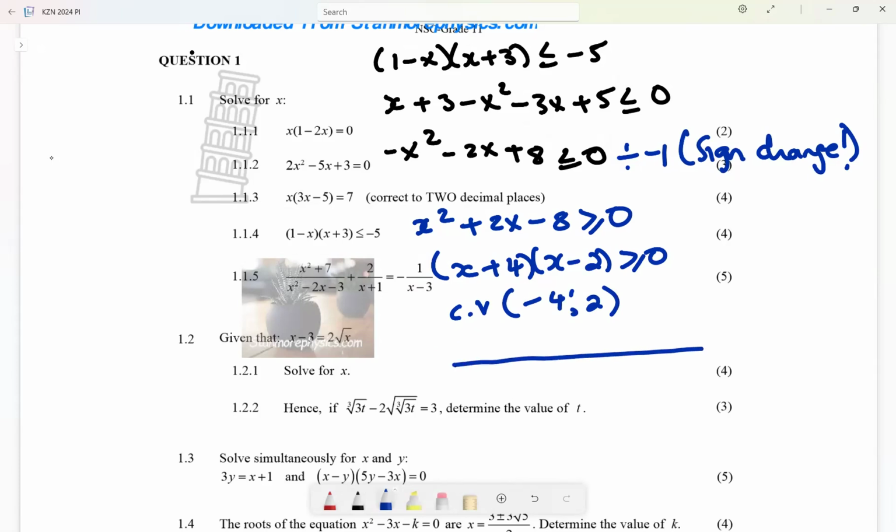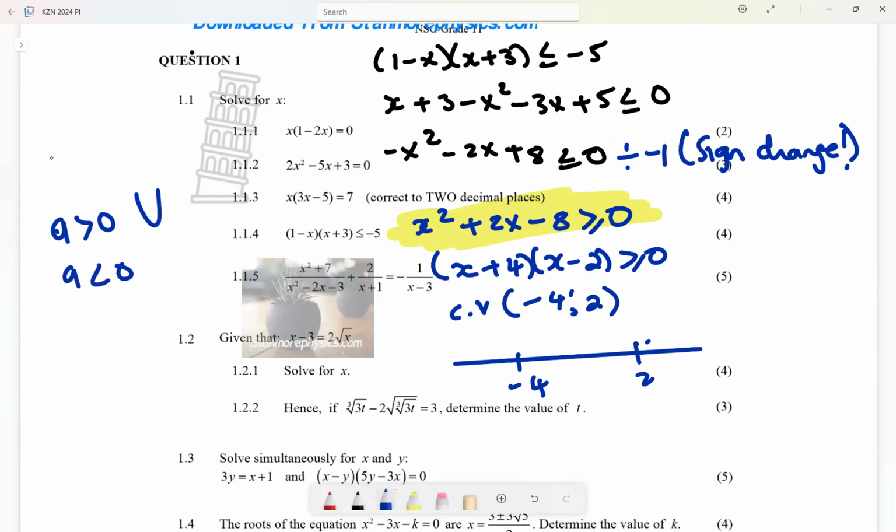Then you draw. Remember, this is a quadratic pattern. So for a quadratic, I'll show you two methods. The first one: this is negative 4, this is 2. This is a quadratic formula, and it has a positive gradient. Remember, for a quadratic, the parabola, if a is greater than 0, it is happy.